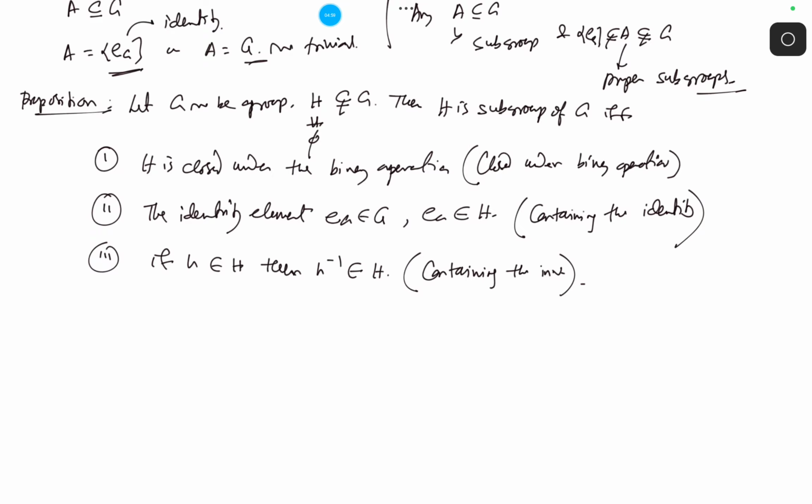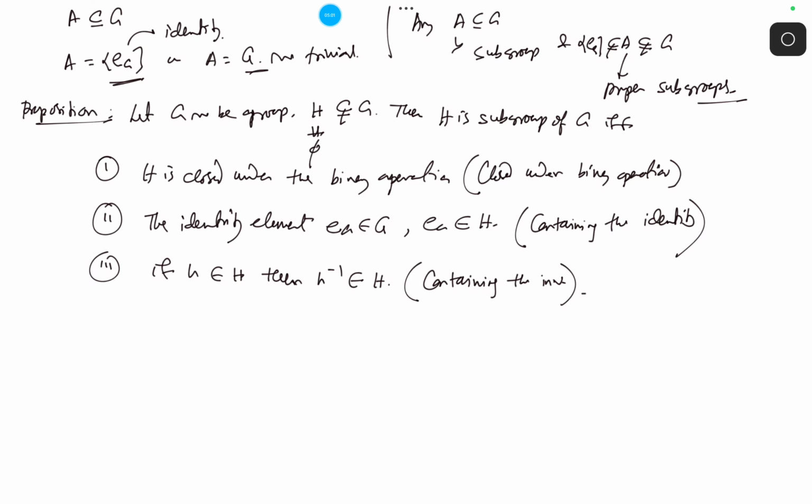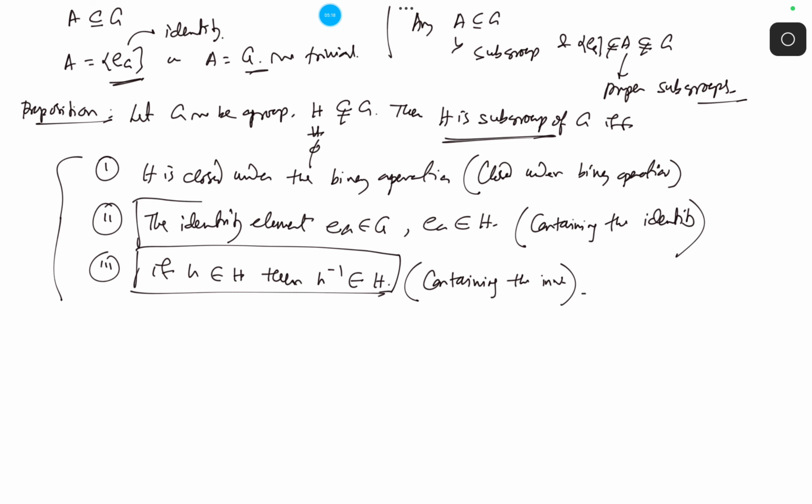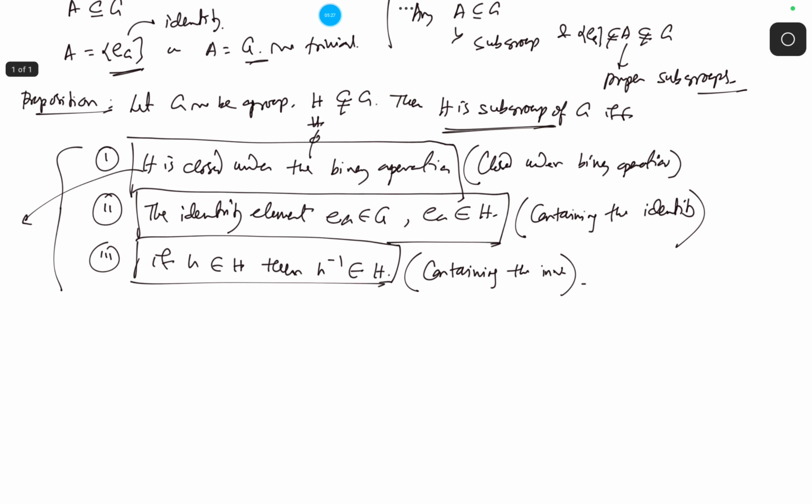Now if you look at the properties very carefully, you see that for H to be a subgroup, all of these are exactly required. The existence of the inverse is given by property 3. The existence of identity is given by property 2. And since it is closed under the binary operation, this basically gives the associativity.